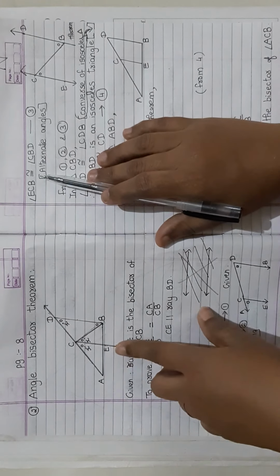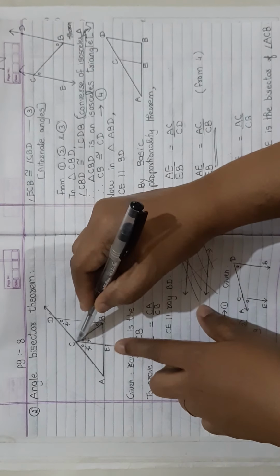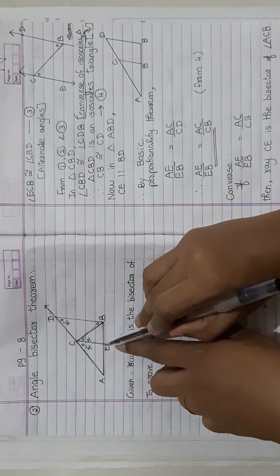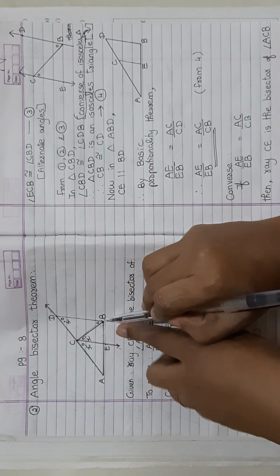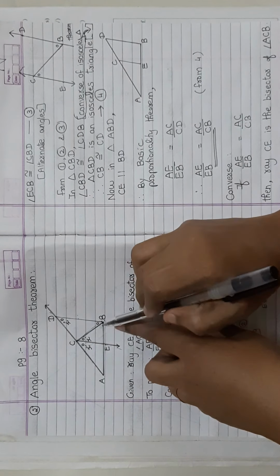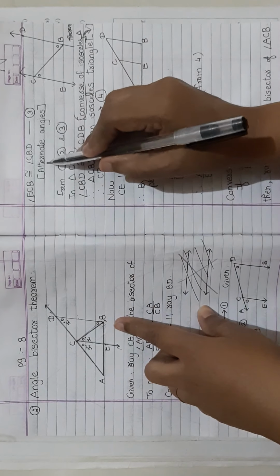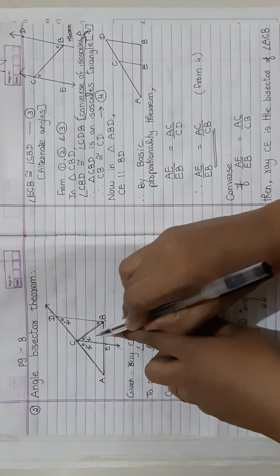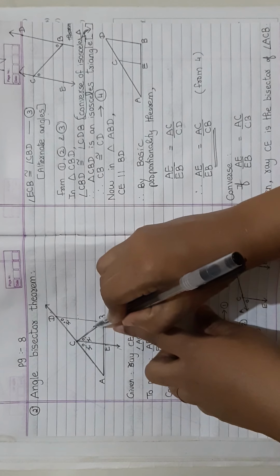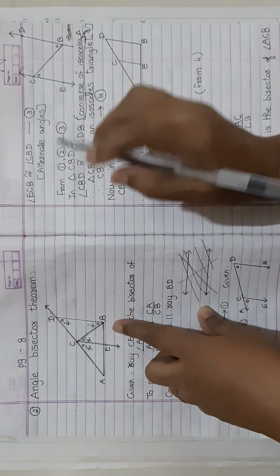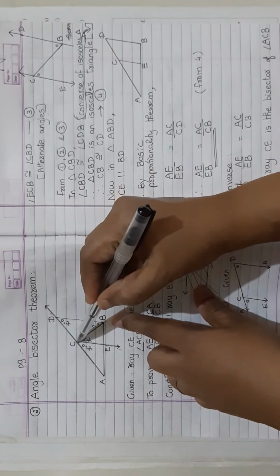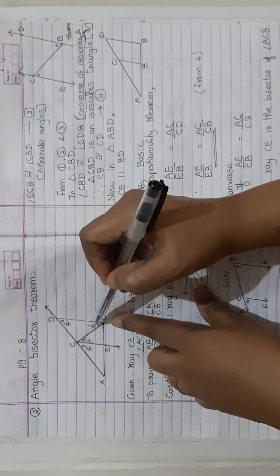So I have written, come back here and just see these two angles. So angle ECB is congruent to angle CBD. The reason is alternate angles. Now you can see here if it is x degree, this also will be x degree. Now look at this triangle CBD.